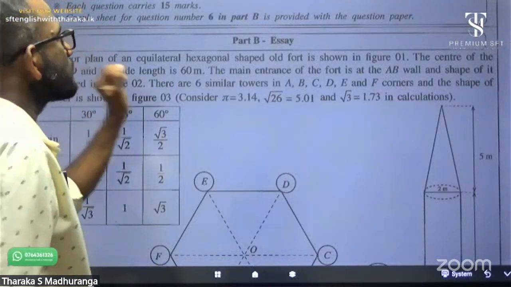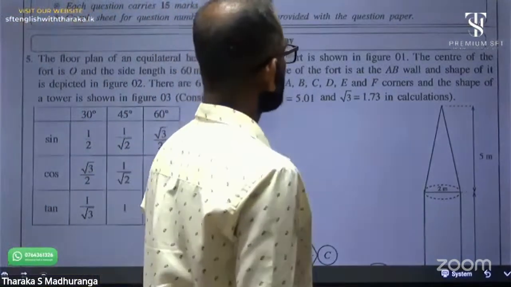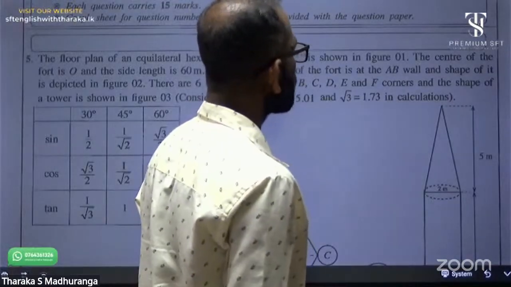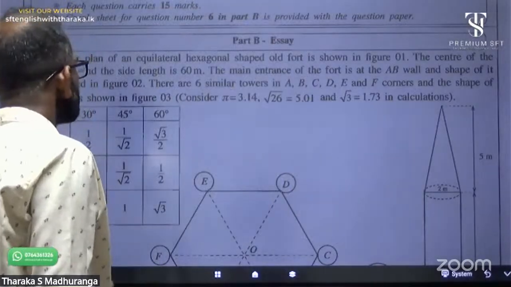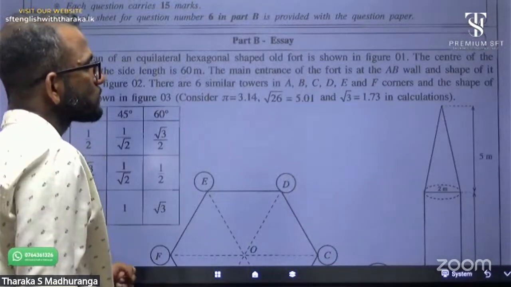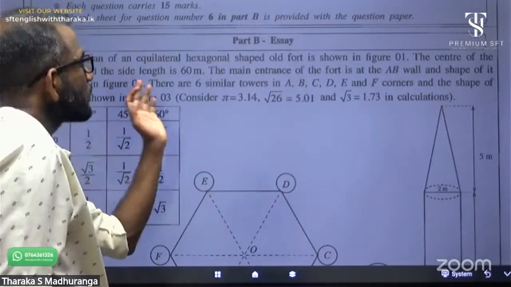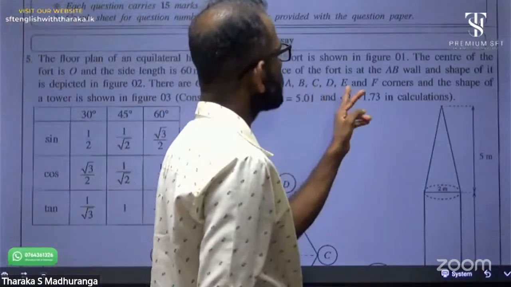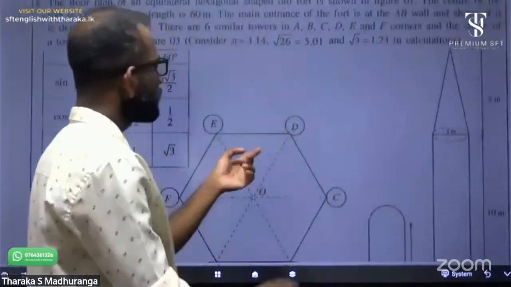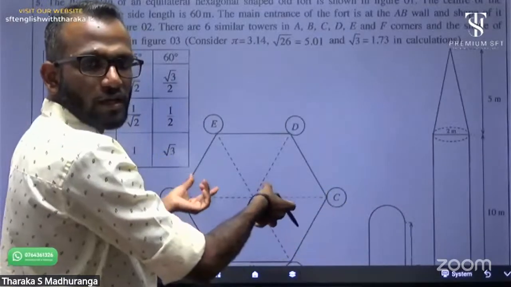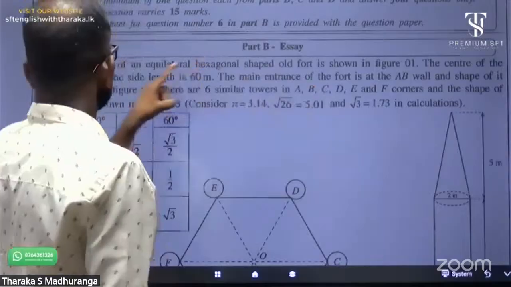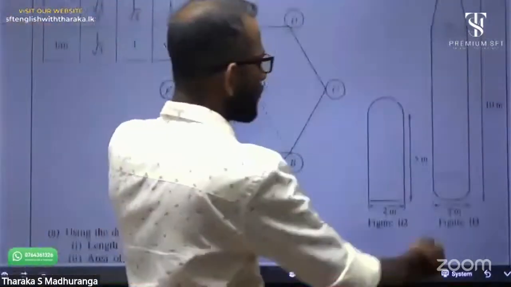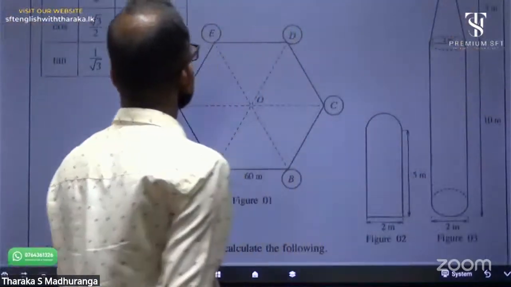There are 6 similar towers at the A, B, C, D, E and F corners, and the shape of a tower is shown in figure 3. 6 similar towers on each corner of the hexagon, this type of tower.